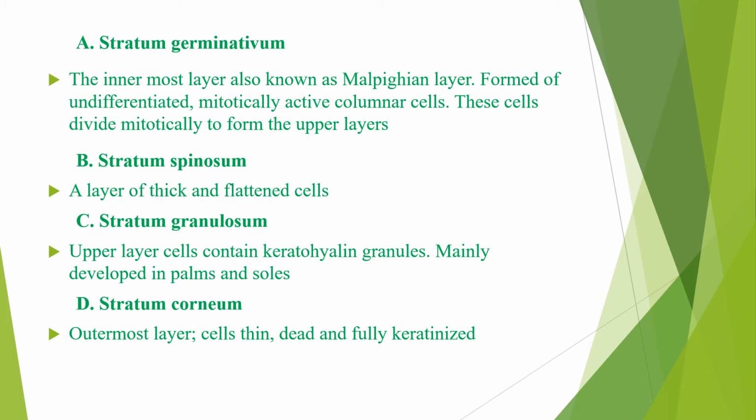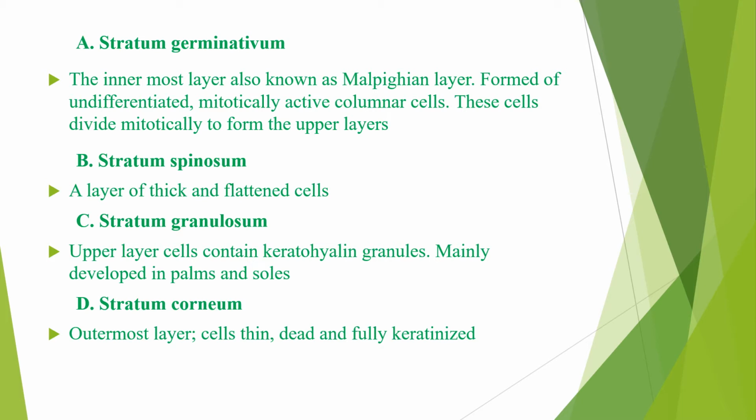Next layer is the stratum spinosum, which is made up of a layer of thick and flattened cells, and second is the stratum granulosum. It contains keratohyalin granules in its cells, and this layer is mainly developed in palms and soles.